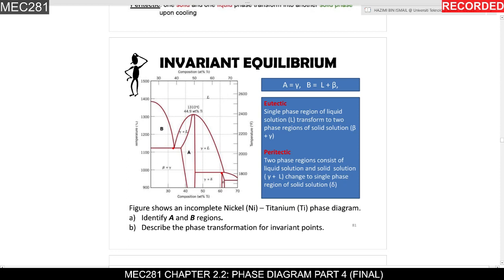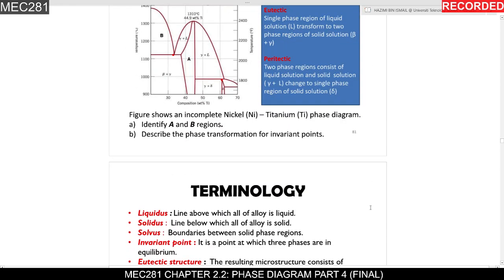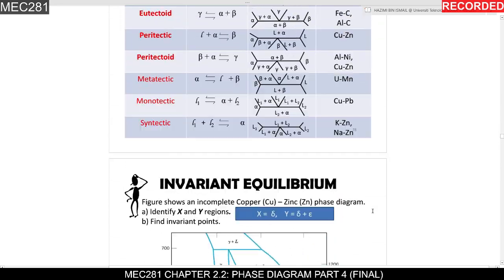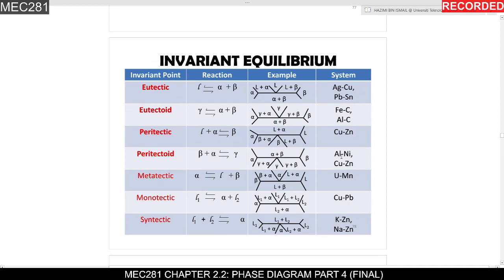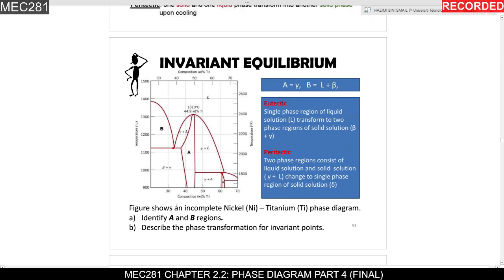The figure shows an incomplete nickel titanium phase diagram. If you refer to the summary here, between the nickel and titanium, we do not have nickel and titanium in the summary. The question asks you to identify the A and B regions. Let's predict the A and B regions.